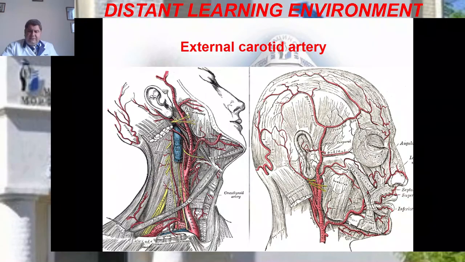At the face region you may touch the facial artery in front of the masseter muscle here, and also you may press this artery after damage to stop bleeding.